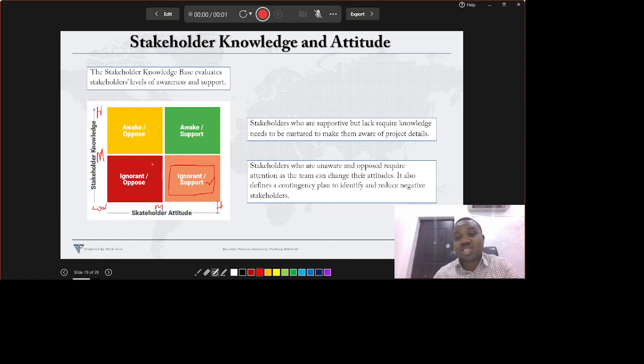So for me, I always look at it from the perspective that you are probably not well informed about this particular effort, and maybe that's why you're having the wrong attitude. So the plan is just to find a way to plan, identify, and reduce the negative stakeholders.